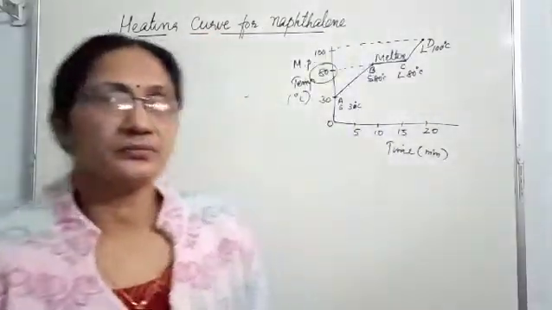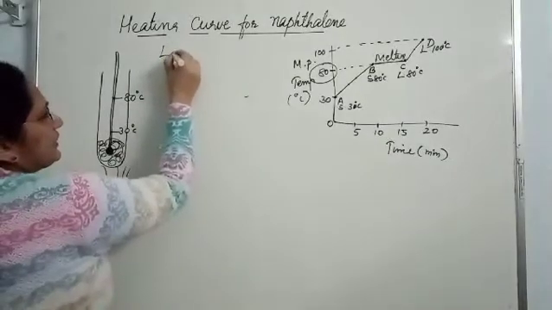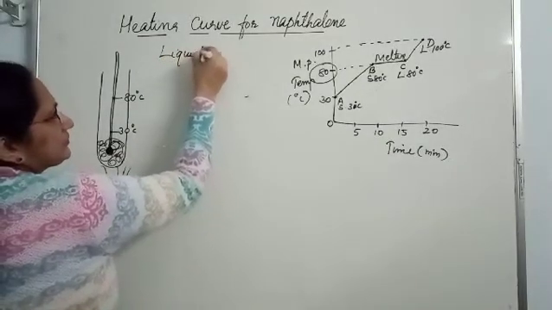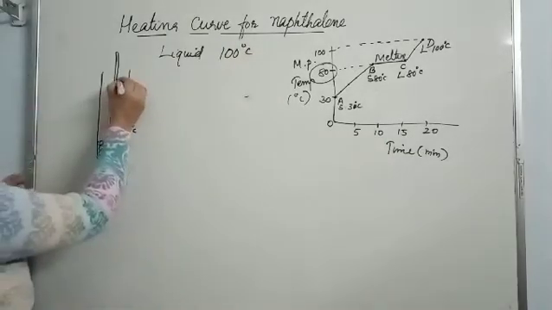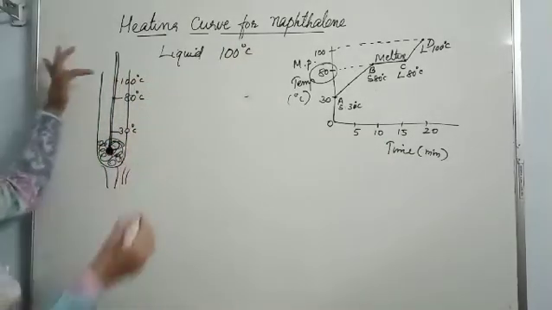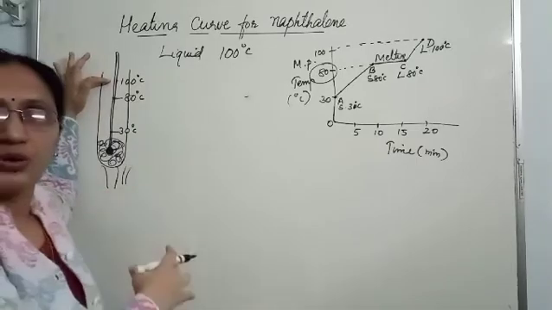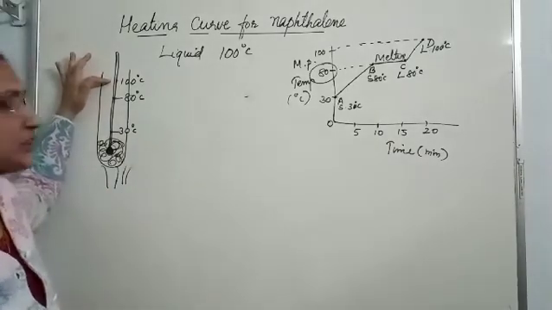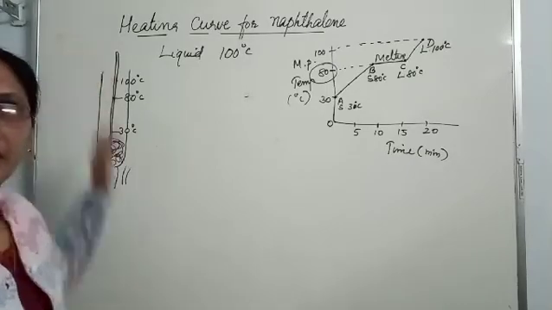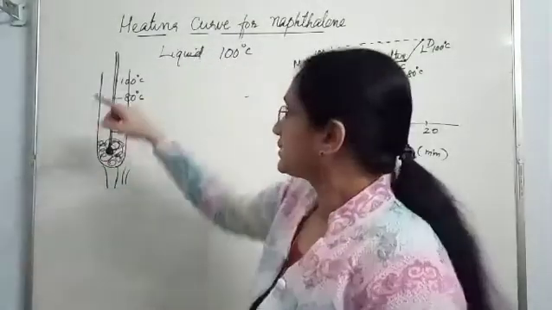So initially there will be liquid naphthalene at 100 degrees Celsius in this vessel. Reading will be 100. Then we are allowing it to cool. Cooling means heat will be liberated. So you will observe the mercury level in the thermometer coming down.